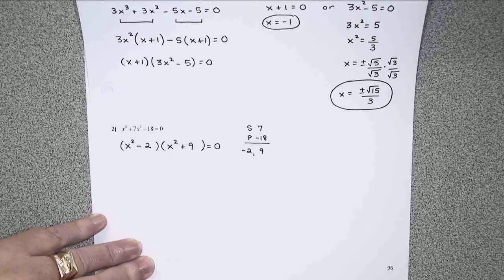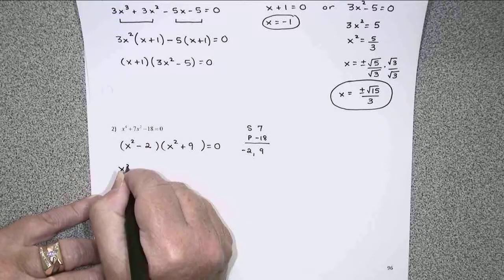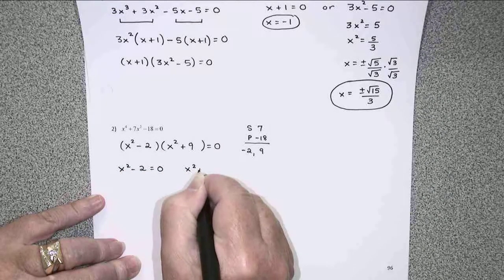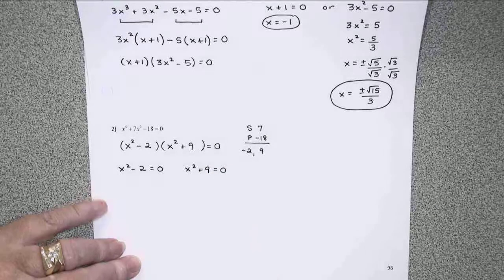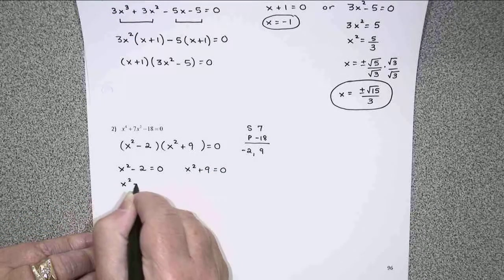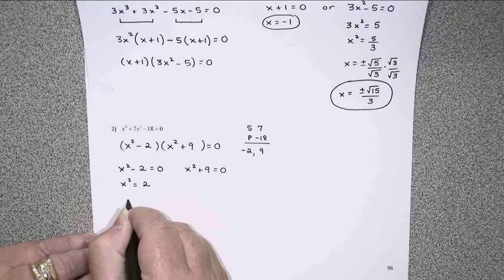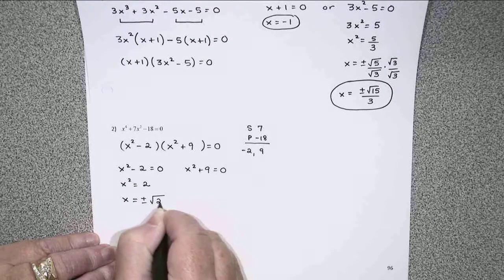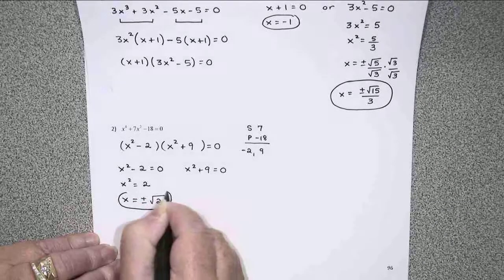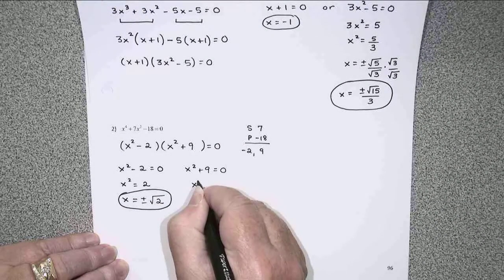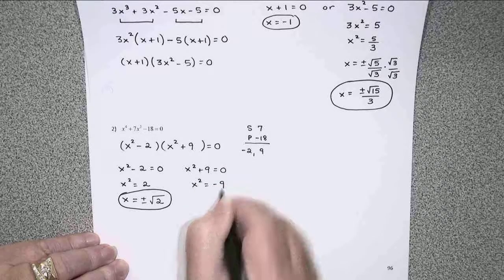All right, now that that's factored, I can set the factors equal to 0 separately. This first one gives me x squared equals 2. So x would be plus or minus the square root of 2. And the second one says x squared equals negative 9.